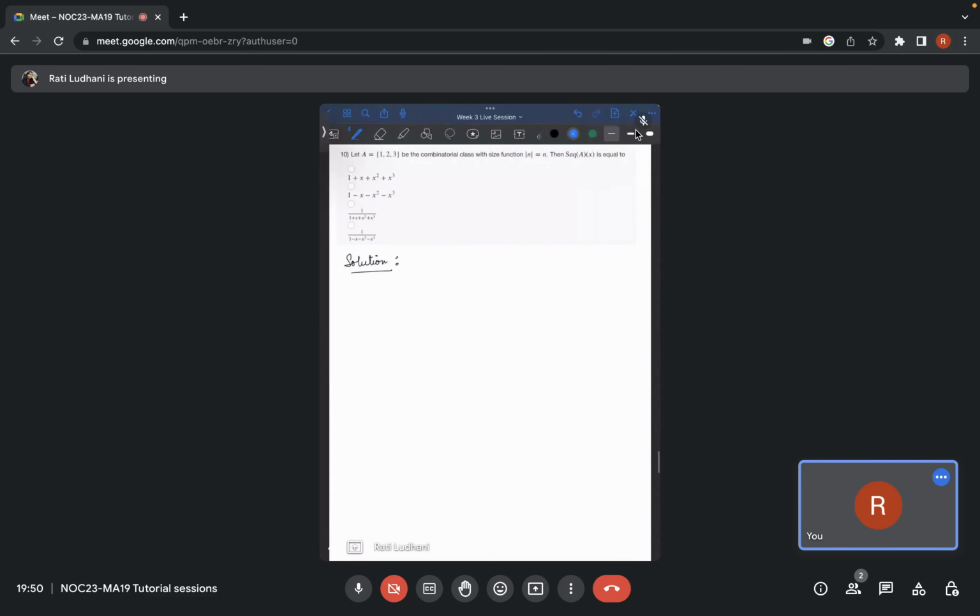So let A = {1, 2, 3} be the combinatorial class with size function as given. Then what is the sequence class of A? This is the neutral class plus A plus A squared, and so on.